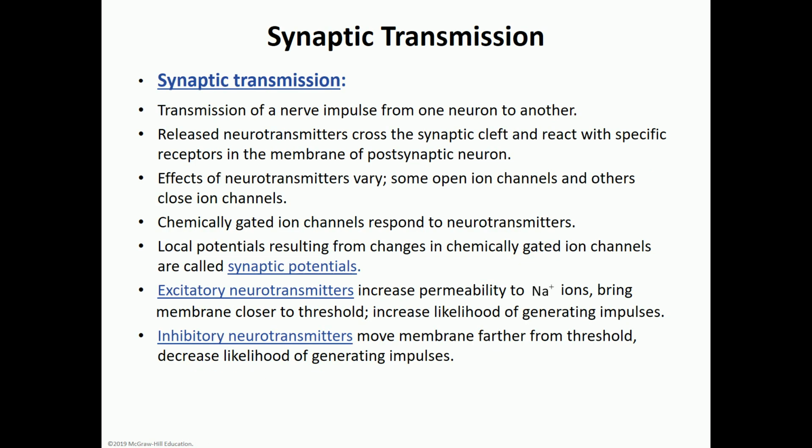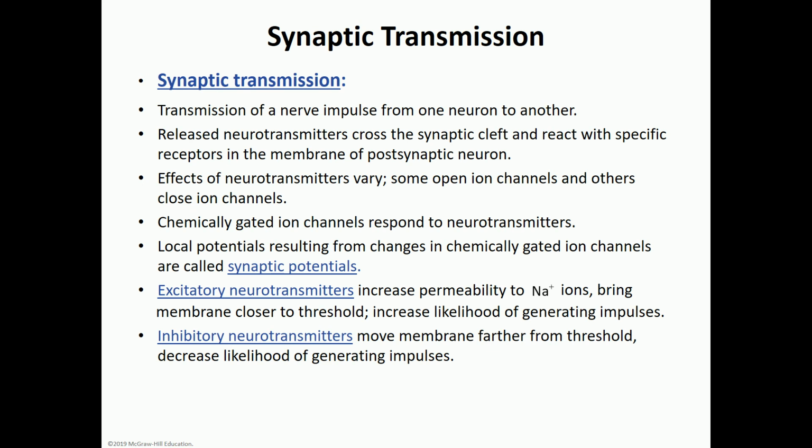Now, for the synaptic transmission, remember, this is all from nerve to something else. In this case, we're really talking about nerve to nerve. So the transmission of a nerve impulse from one neuron to another is going to be dependent on a neurotransmitter. The neurotransmitter will have to diffuse across the synaptic cleft and attach to the receptor in the postsynaptic neuron.